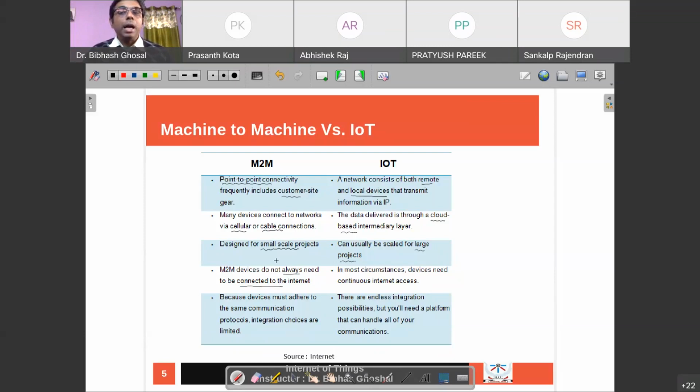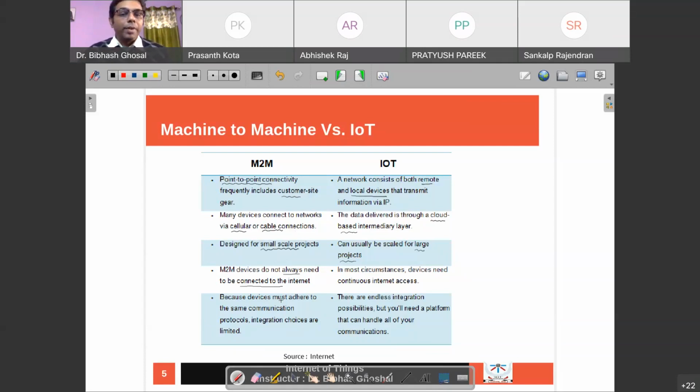So you cannot have IoT without internet. If you are handling a small device network without internet, you should call it machine-to-machine interaction. But the moment there is internet involved all throughout, it is IoT.